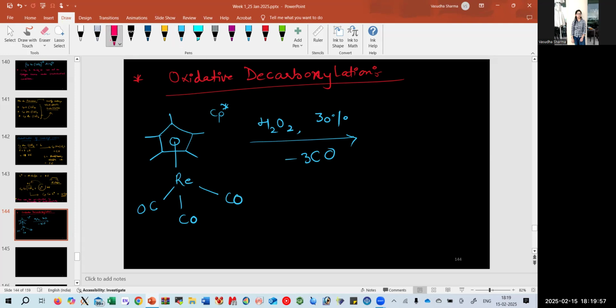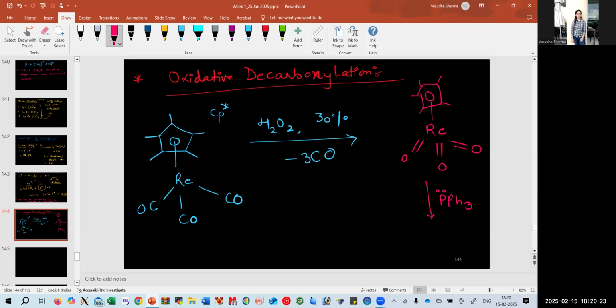we would end up having a product where rhenium is bonded with 3 oxygens and Cp group is attached, right? After that, when you're treating it with PPh3, you already know that phosphorus is having a lone pair and it is also having a good affinity towards the oxygen.